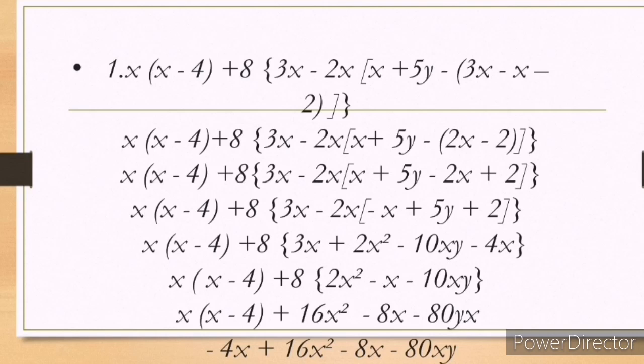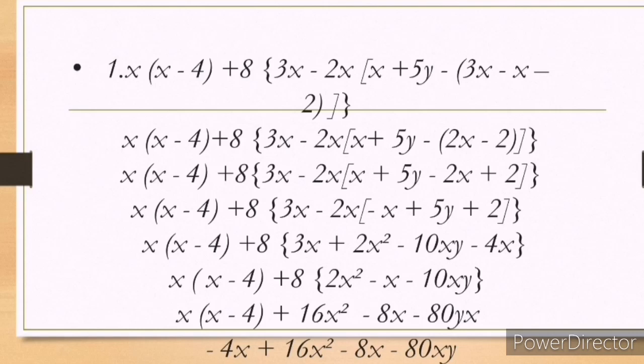Then x quantity x minus 4 quantity plus 8 quantity 3x minus 2x quantity negative x plus 5y plus 2. We get this negative x from combining like terms inside the square bracket.